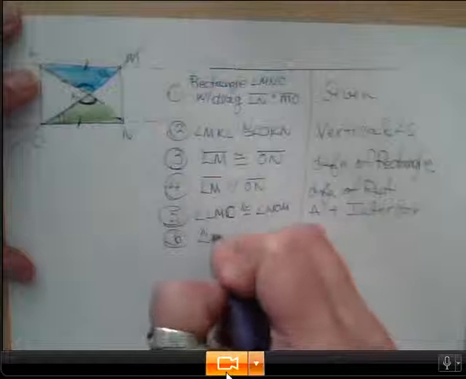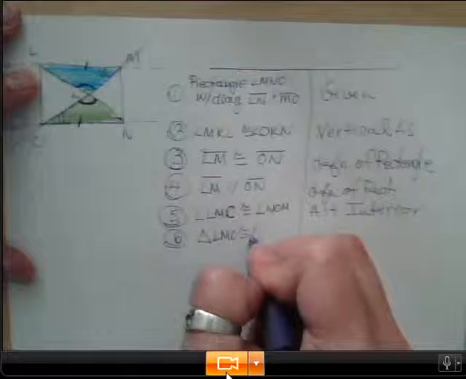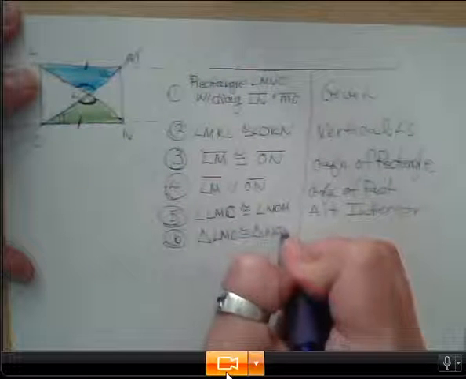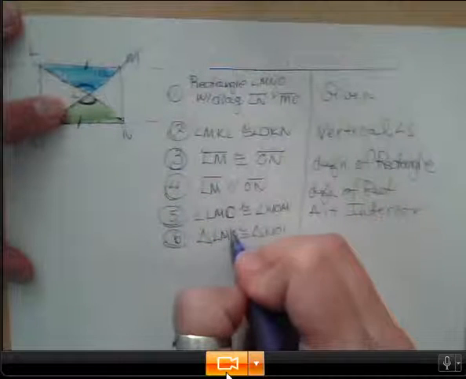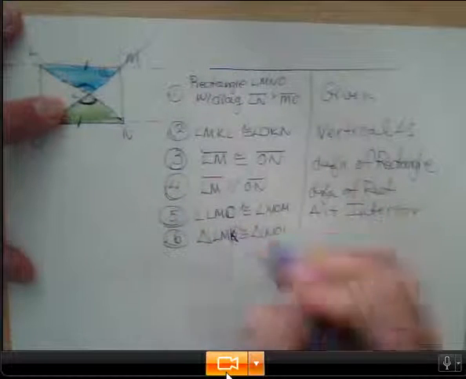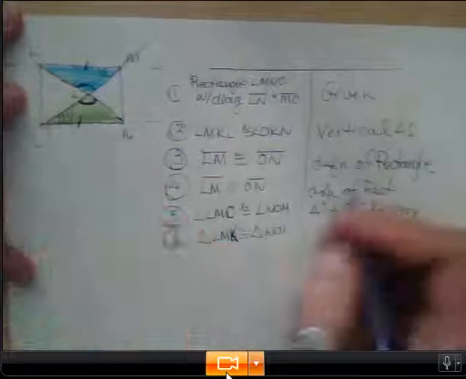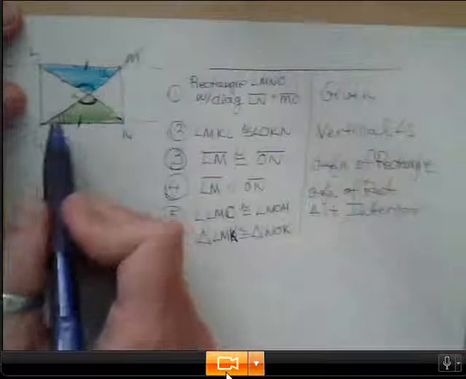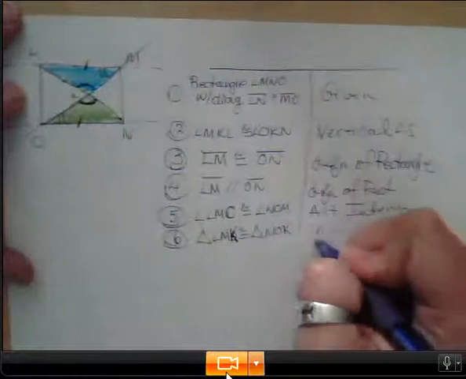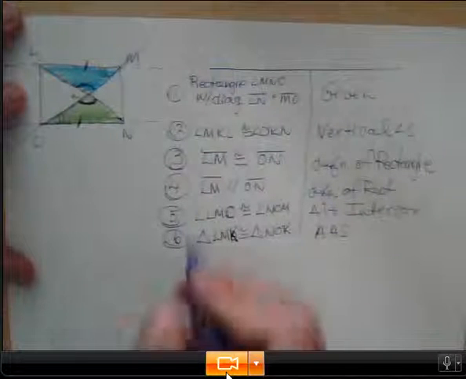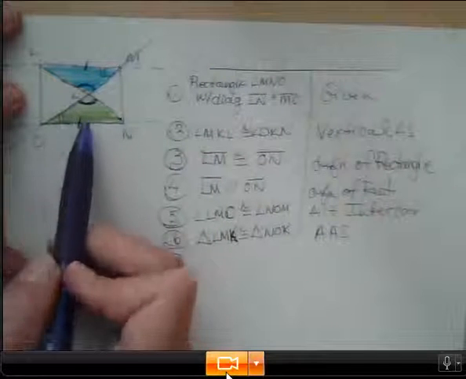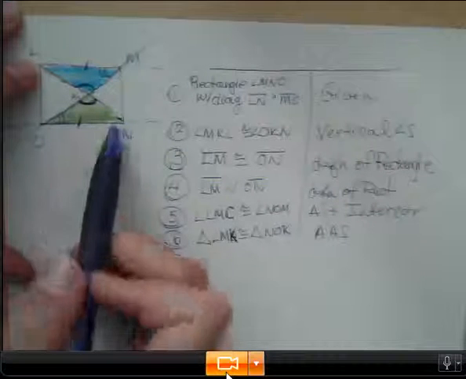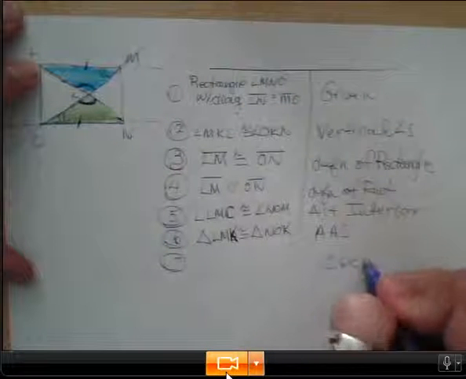So I can finally say that my triangles are congruent. So triangle LMK is congruent to triangle NOK, and we have angle, side, angle. Then if you know that that is true, so I've got triangles congruent, well then I know the sides have to be congruent because of CPCTC.